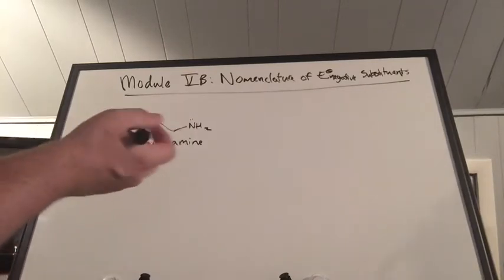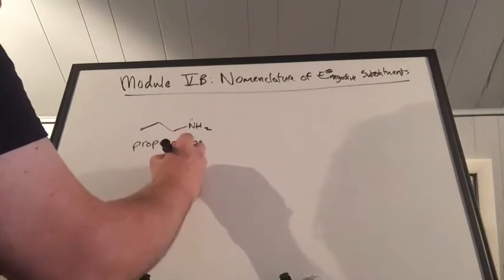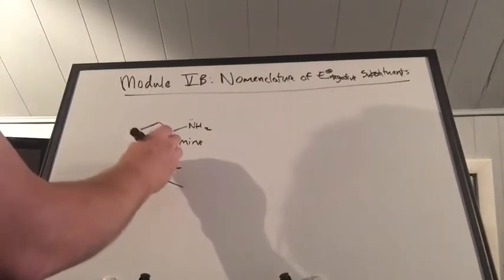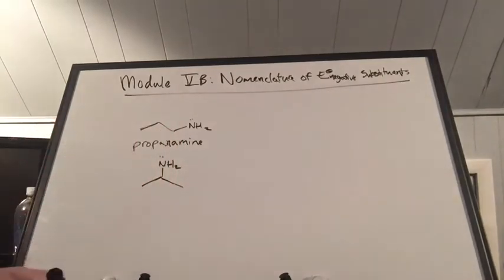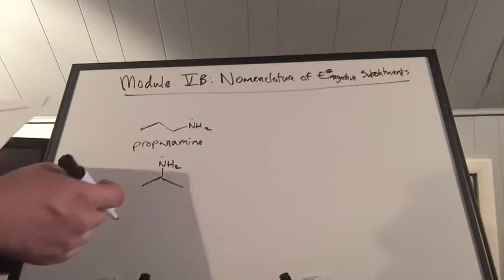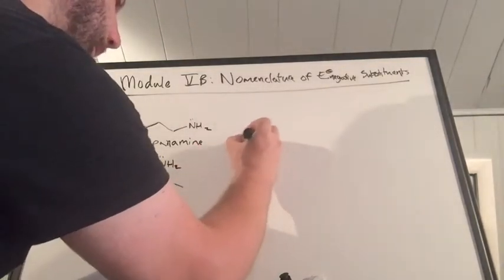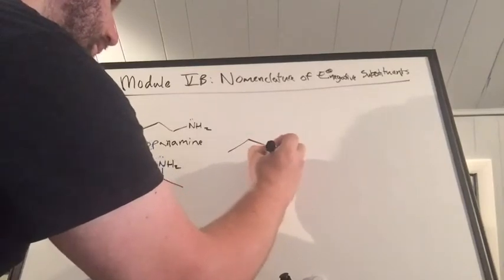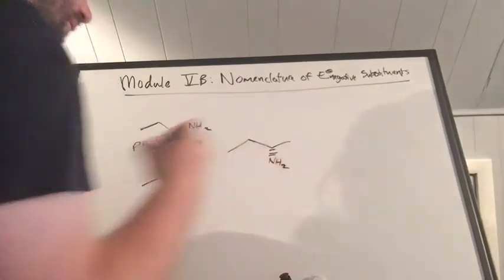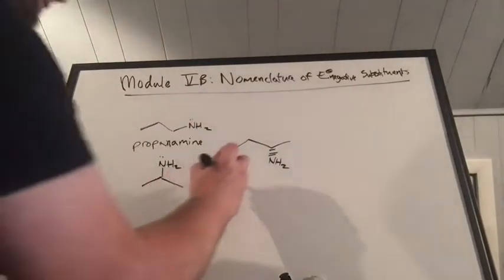So nothing terribly complicated about that. There could be another example where you could have isopropylamine. That's just a common term or a trivial name. Let's say we have this amine, so this is going to be butane.